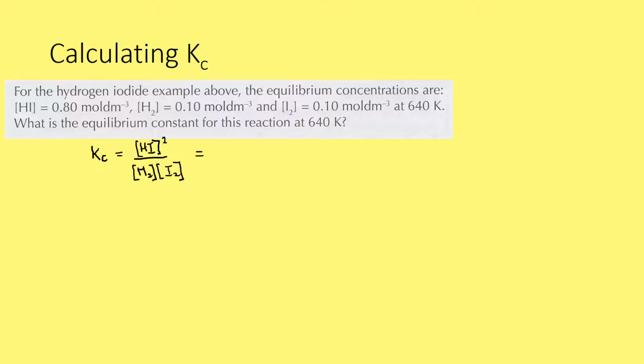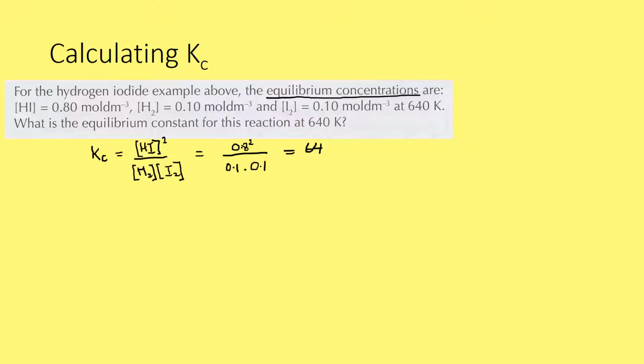So as you can see, notice it says equilibrium concentrations. So at equilibrium there is 0.8 molar hydrogen iodide. So let's put in 0.8, that's going to be squared, divided by hydrogen concentration 0.1 times iodine concentration also 0.1. And when you feed that into your calculator, you're going to get 64.